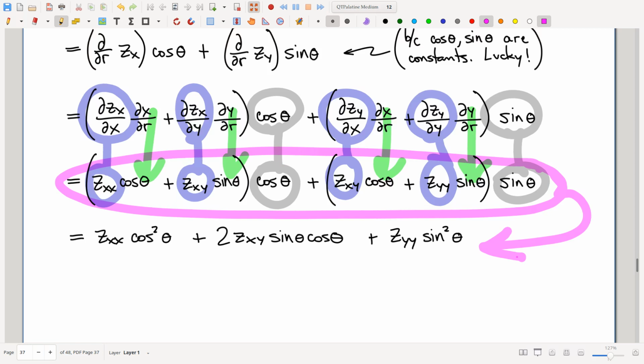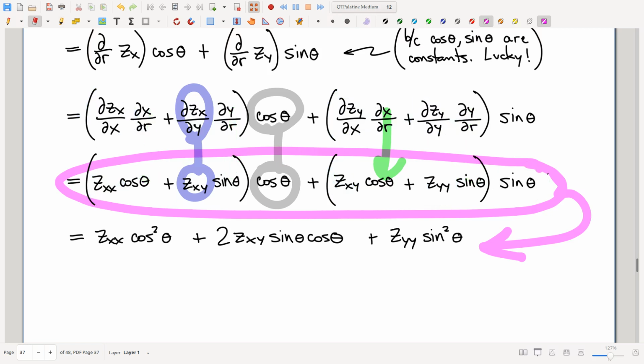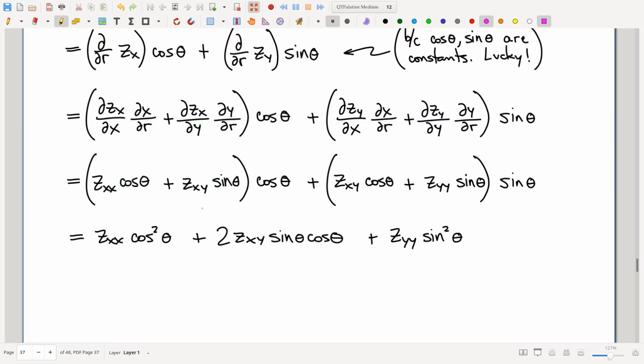I'm slightly confused. You're saying ZXX, but I thought that was the notation for a partial. So do you not actually have to find the derivative? Well, we don't know how z is a function of x and y, so I can't crank that out.